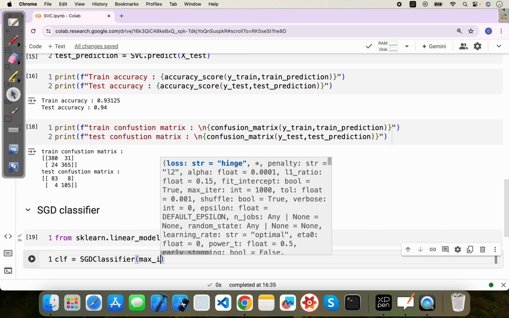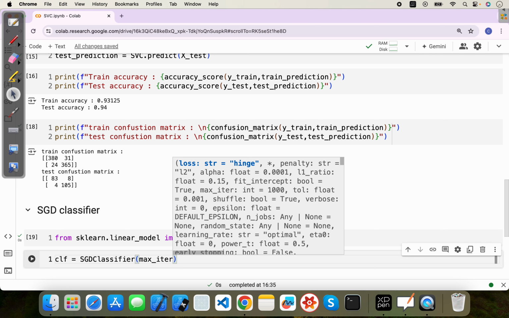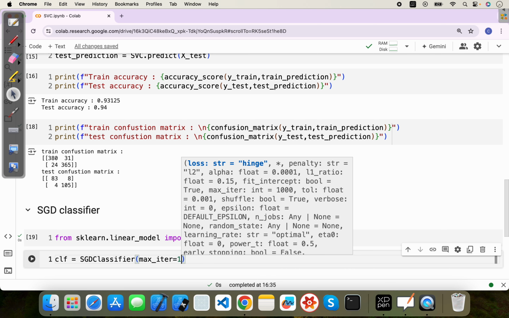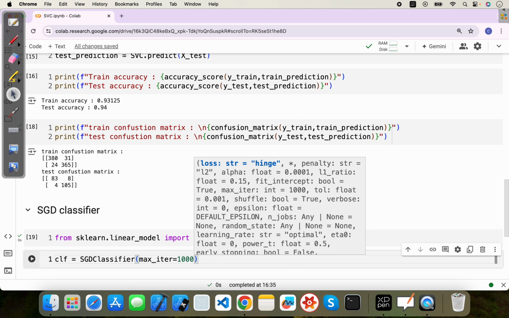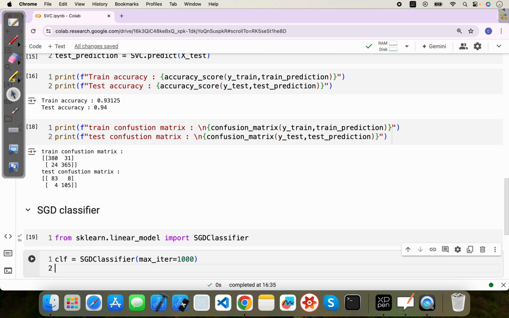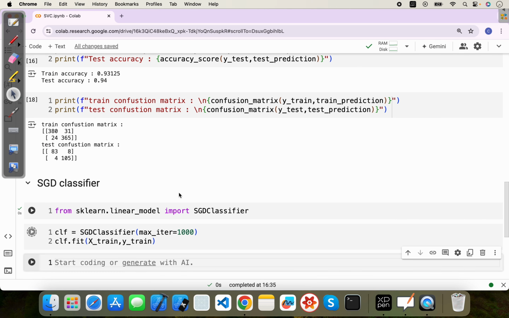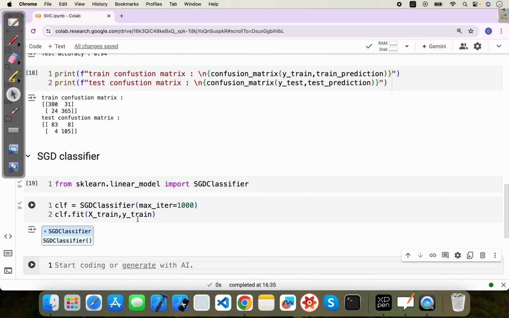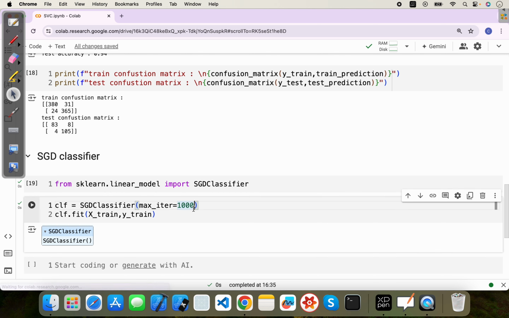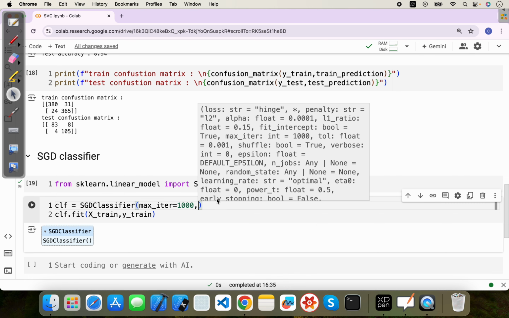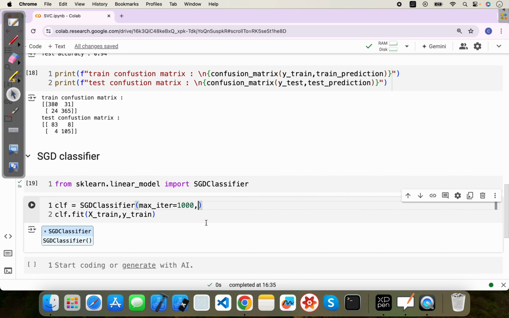Let's say the same max_iter is equal to 1000, right? And clf.fit our X_train and y_train, right? So by default it used the hinge loss, which is basically SVM, right? If you see here, the loss is the default hinge loss, so we haven't specified that.